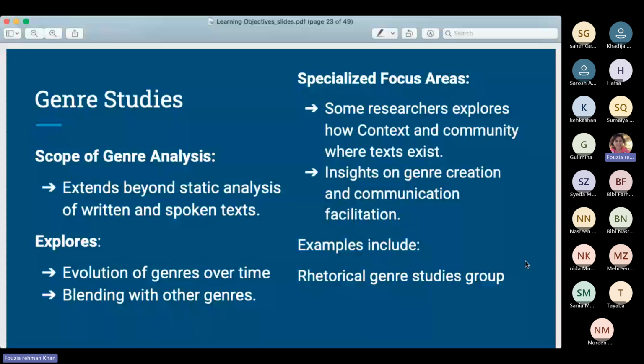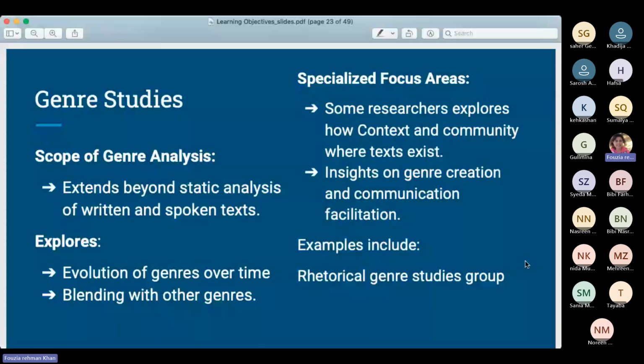Now, when we say that it is different from register analysis, it is in terms of its being descriptive. So that means that register analysis is not descriptive.